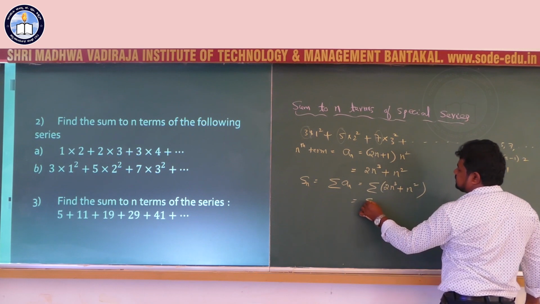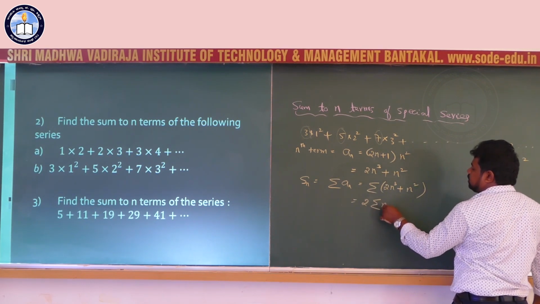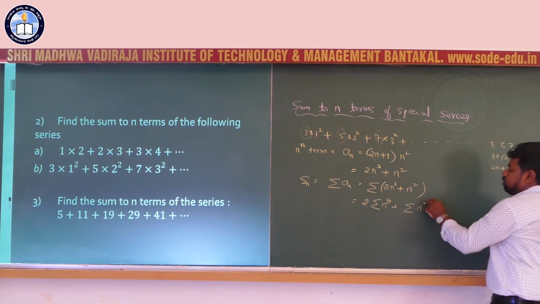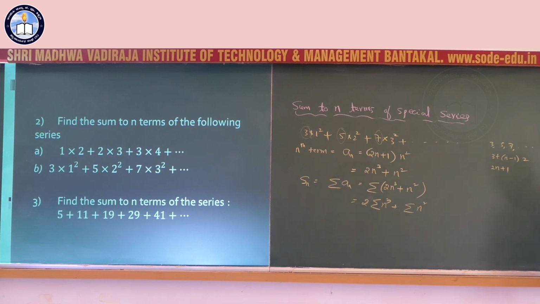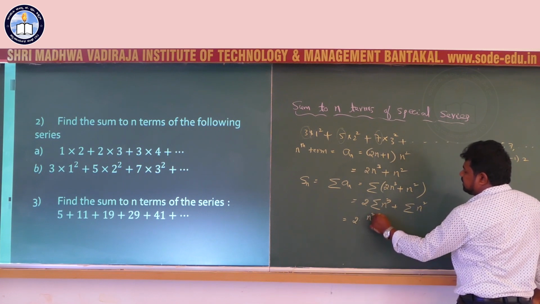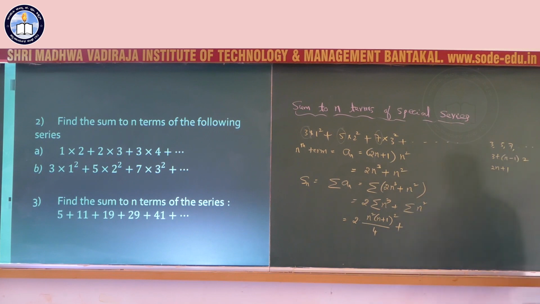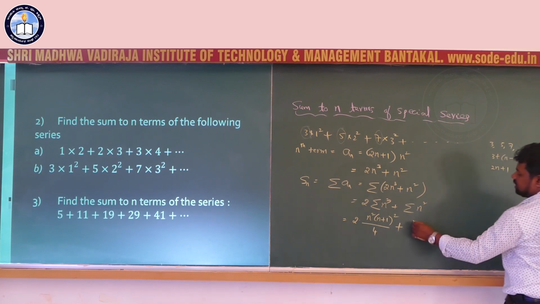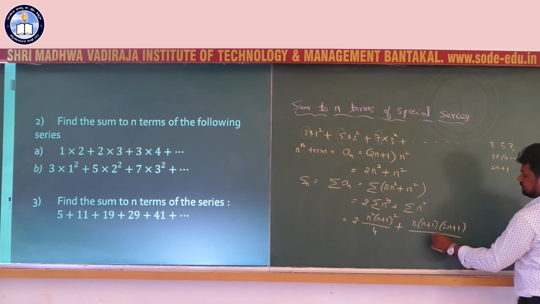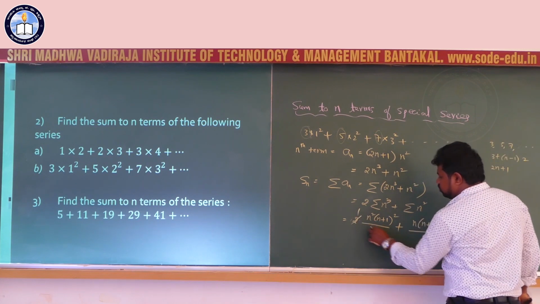That can be written as 2 into summation n cube plus summation n square. That is equal to 2 into summation n cube, n square into n plus 1 whole square by 4, plus summation n square, n into n plus 1 into 2n plus 1 by 6. 2 ones are 2, 2 twos are 4.